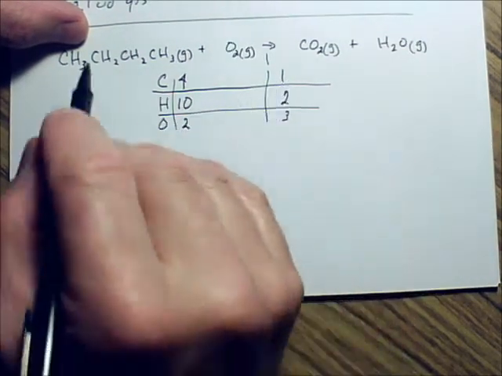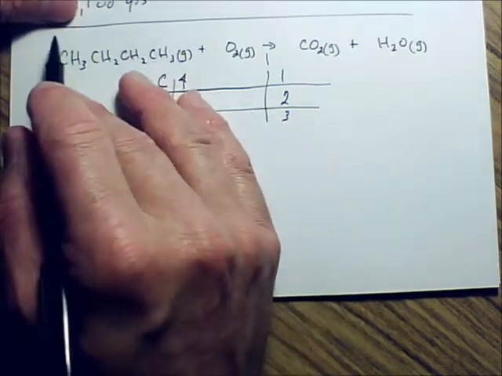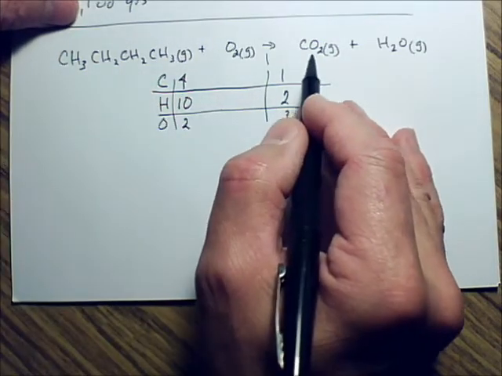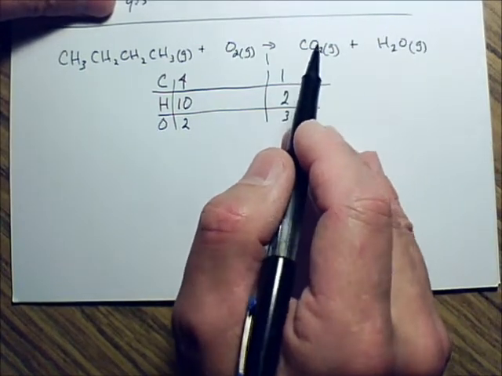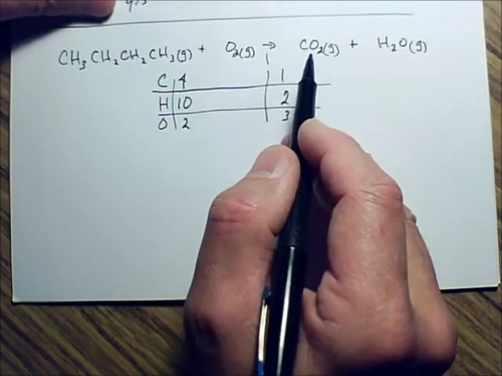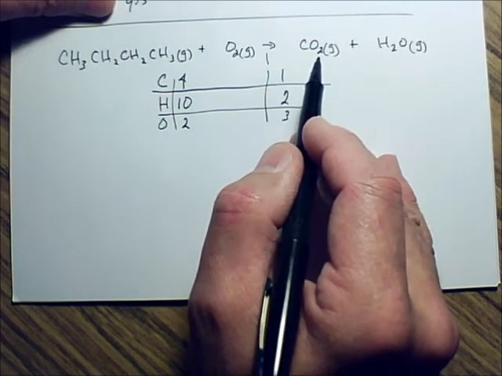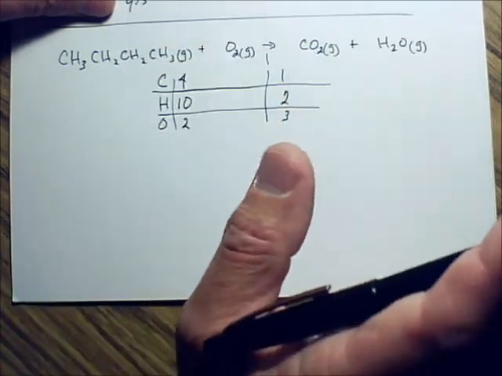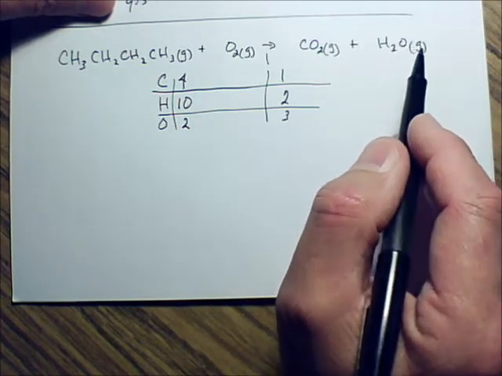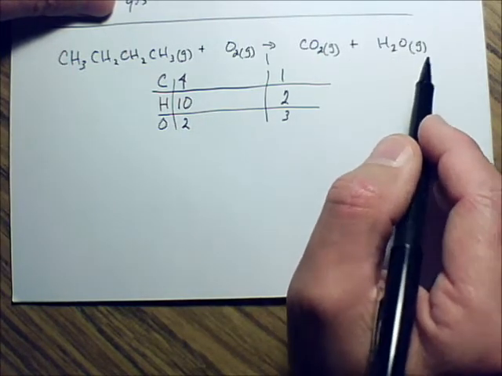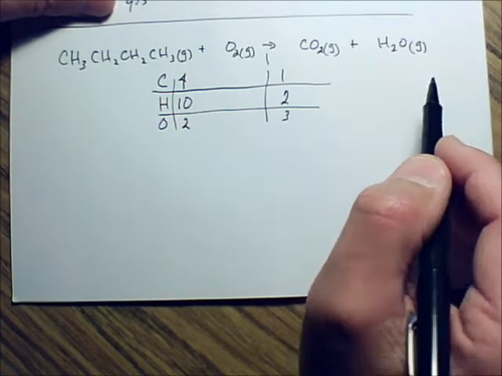Once your formulas are balanced, when you predict the products of a combustion reaction, you already know what the balanced formulas are. You've got the subscripts there. CO2 is always CO2, right? Water is always H2O. You don't change the subscripts. Once the formulas are balanced, you can't touch this.